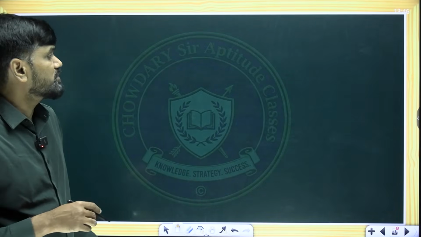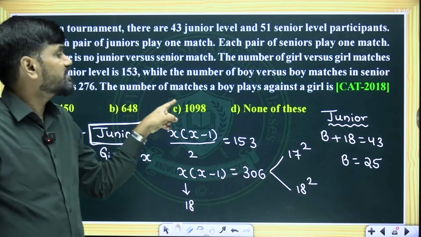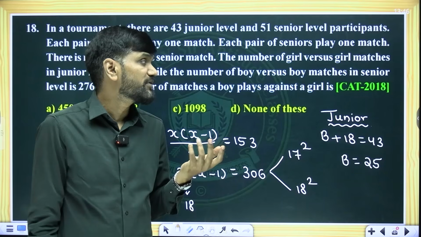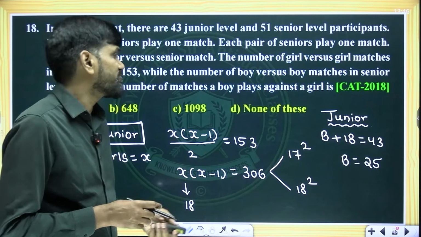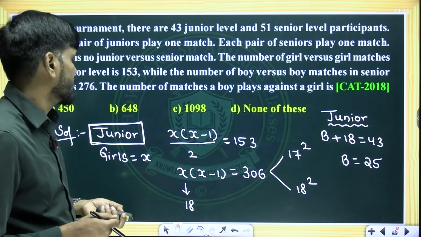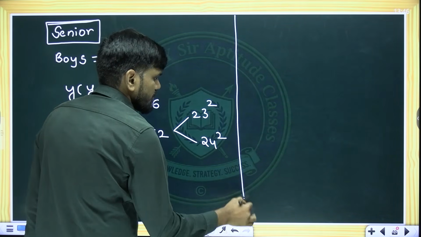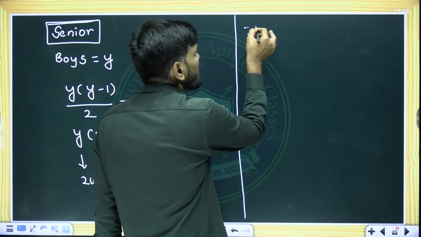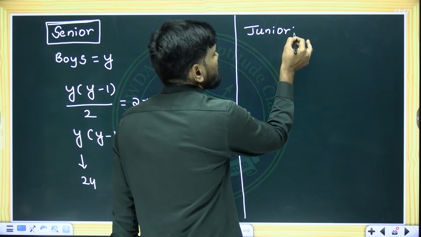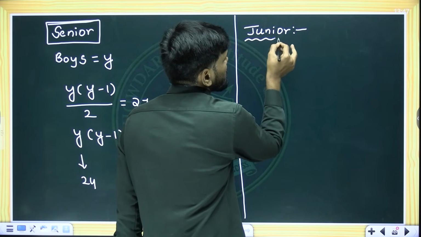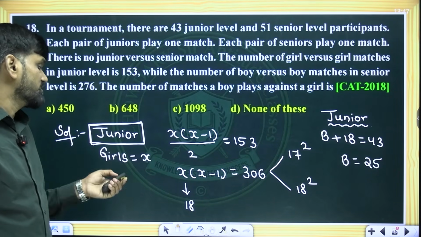Now the question is: the number of matches where a boy plays against a girl. Check the junior level first. The number of boys at junior level is 25 and girls are 18.